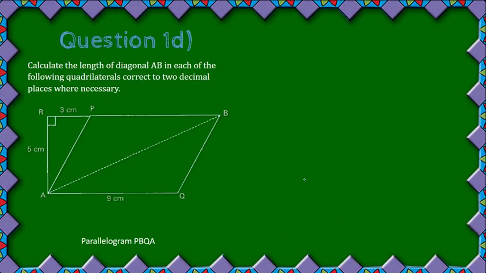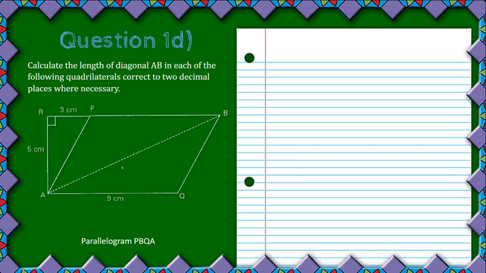Here we have question 1d. Now we need to calculate AB. So statement and reason. Before we can get to AB, the only thing we have here is this AQ, and what we also need is a right-angled triangle to find AB.